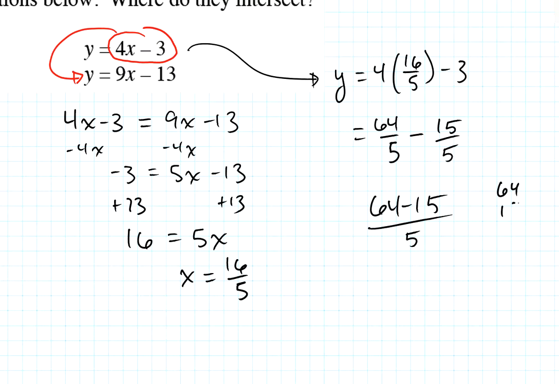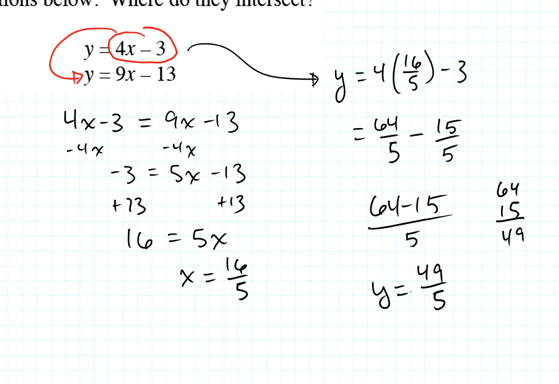Okay, that's great. So 64 minus 15. More with the arithmetic here, right? 14 minus 5 is 9, and 5 minus 1 is 4. So I have 49 over the number 5. This would be a very, very difficult solution to find graphically. And I think that's why this question was asked here.